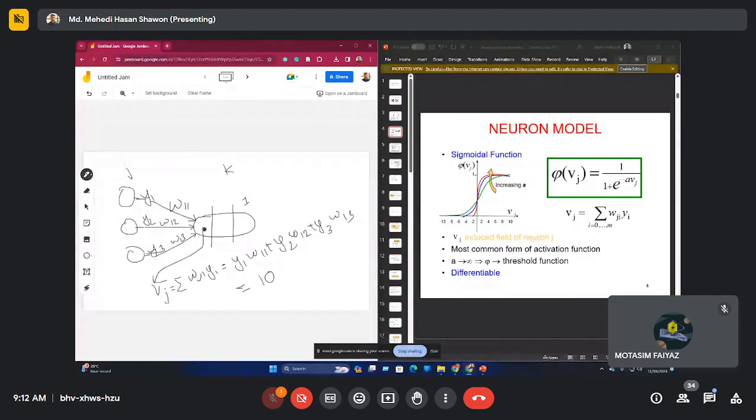Clear, everyone? The next part will consider the sigmoid, I mean the activation function. Suppose I choose the sigmoid function. In that case, it will be sigmoid of Vj, in the second portion of this neuron. As you can see, the sigmoid function is something like that.